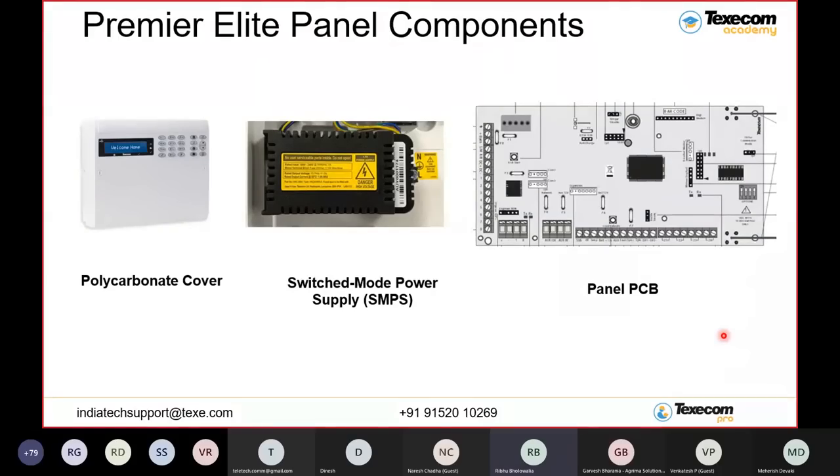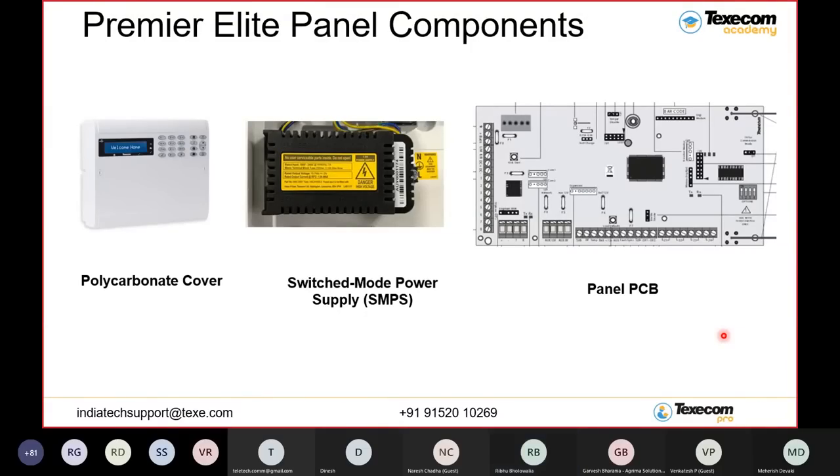So guys, a very important part starts from here. Why so? Because here, as you have seen, we are doing the installation for a residential area, and in the residential area, we are giving a wireless solution. Most of the devices are wireless, right?